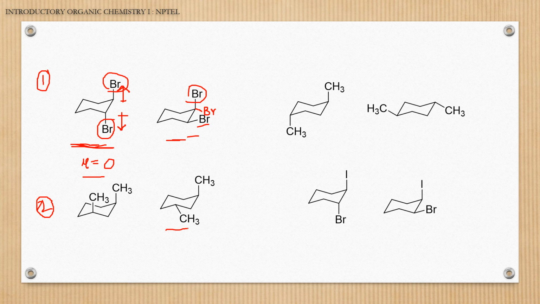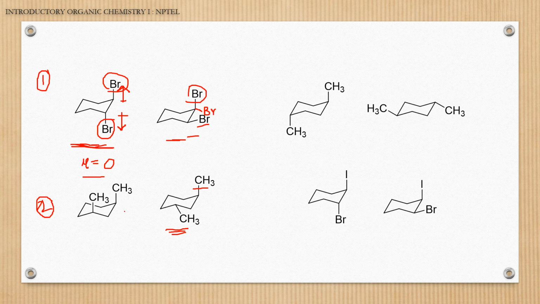So the trans conformation is more stable than the cis conformation, because in cis both the methyls are axial, and these two methyl groups face the 1,3-diaxial interaction. But here only one methyl group faces the 1,3-diaxial interaction, so thermodynamically it is more stable than the cis conformation. Is it understood now?